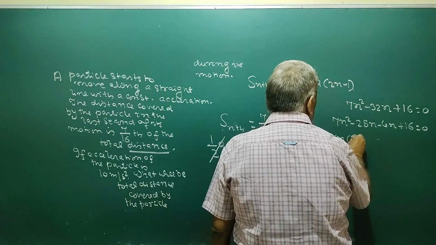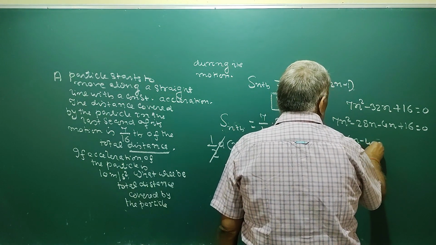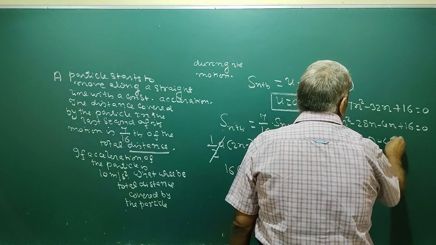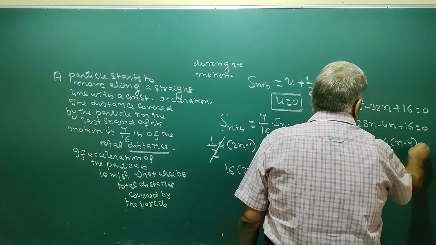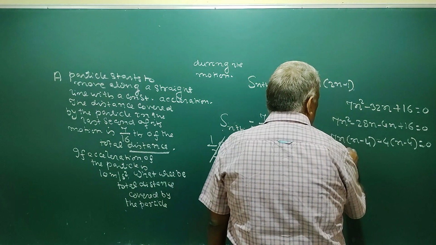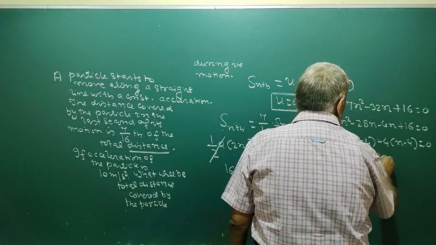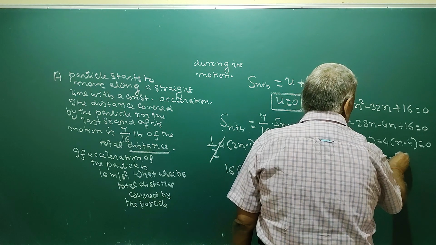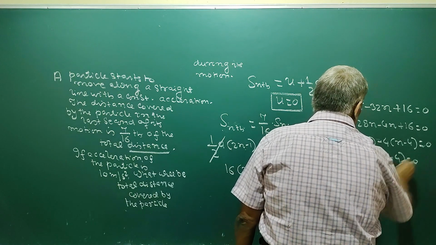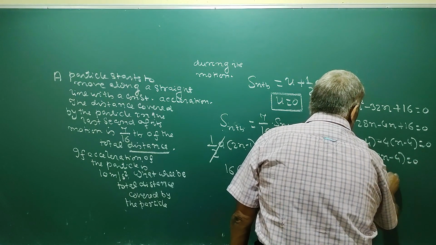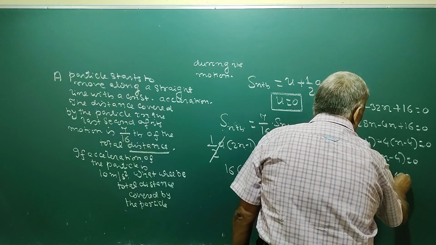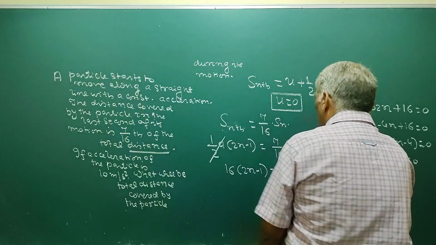Taking 7n common, n minus 4, minus 4, n minus 4. You will get n minus 4, 7n minus 4 equal to 0, and n will be equal to 4 or 4/7.